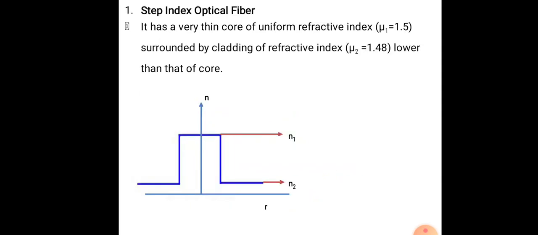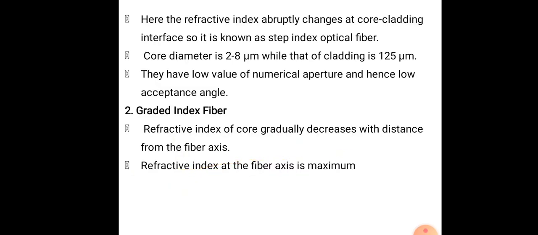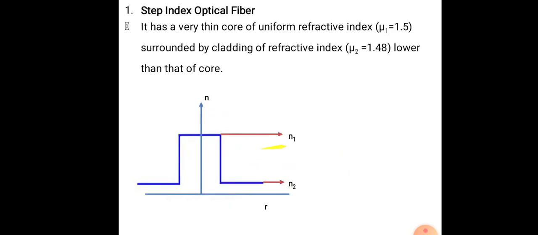If we see this figure, this is the refractive index of core and this is the refractive index of cladding. At the core cladding interface the refractive index abruptly changes, and that is nothing but the step index optical fiber.